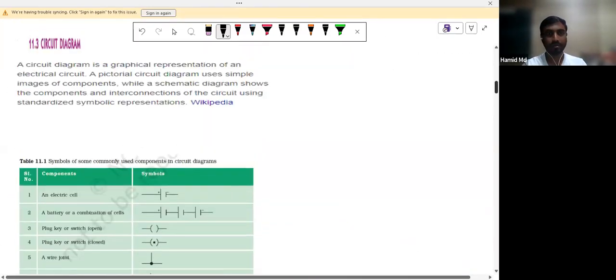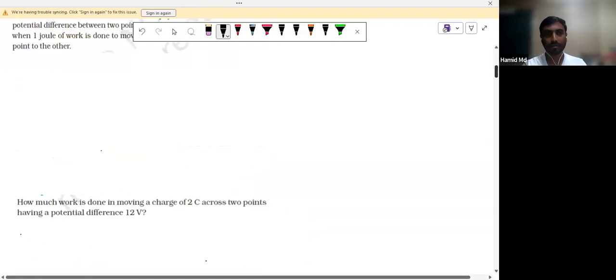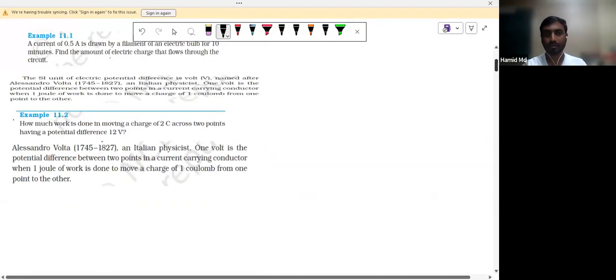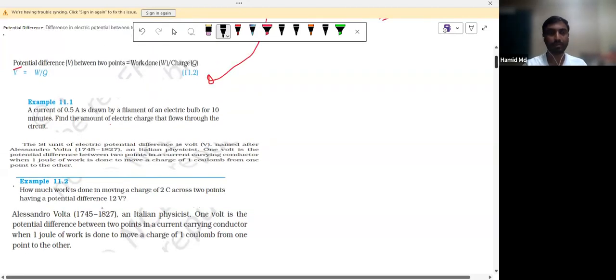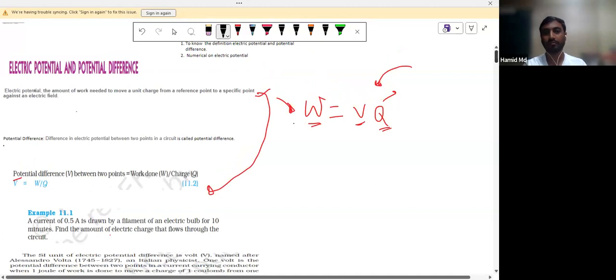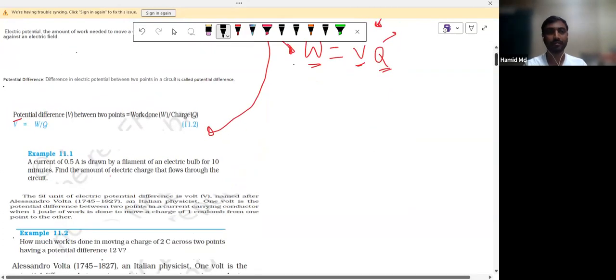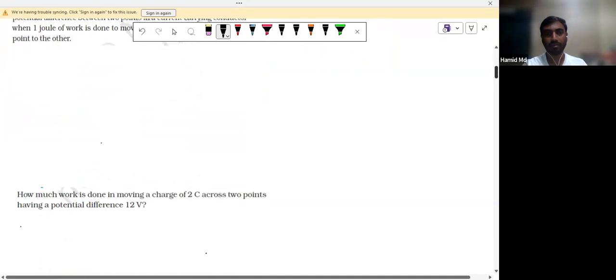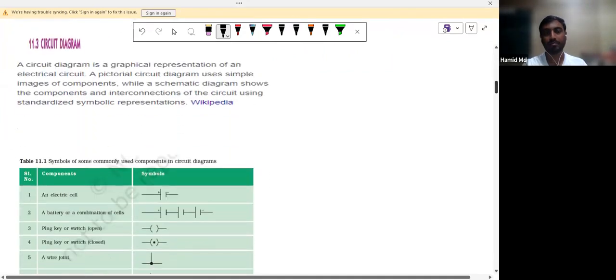So after potential difference, we did some examples. Example 11.1. This was the potential difference, right? Yes, sir. So we calculated the work done. After that, we studied about circuit diagrams.